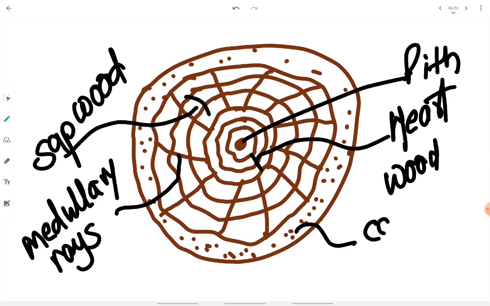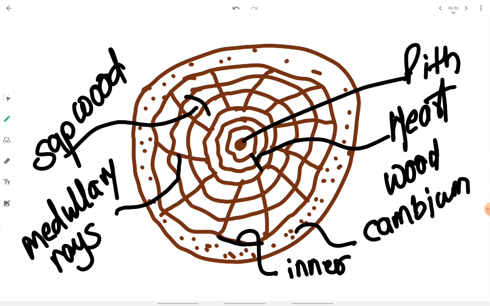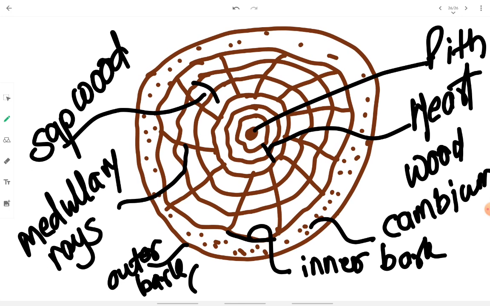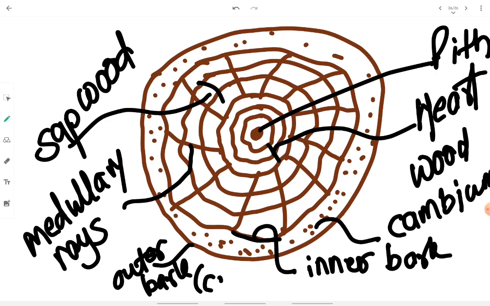This is the cambium layer we are talking about. This inner edge is the inner bark. Then the outside is the outer bark, or there is a specific name for outer bark. We call it cortex.